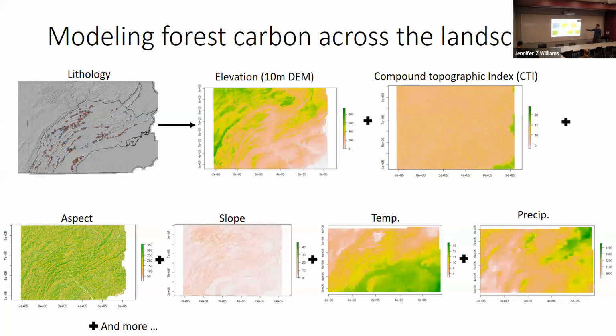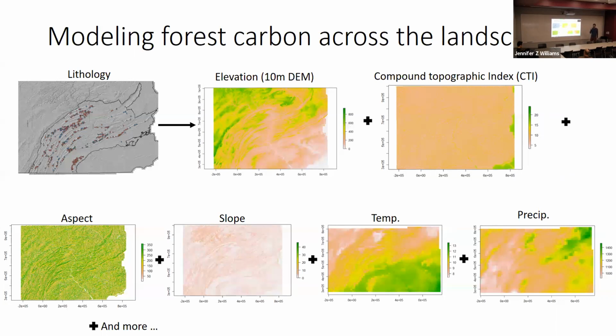And this is 7 of 13 in the way that I'm thinking about it at this point. I'm sure there's more that I could include and should, but I'm exploring modeling above ground biomass from these variables here. And I put this up just to show the relationships across the landscape in a map format.